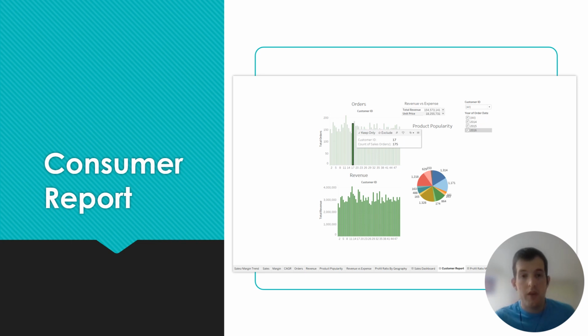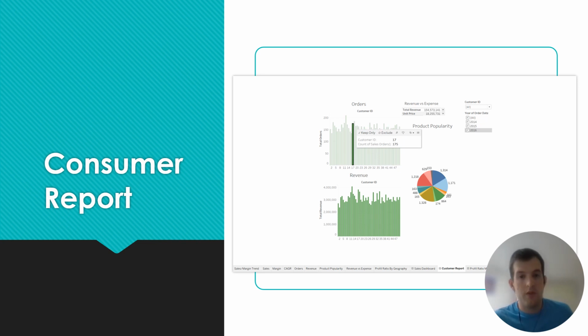Looking at our charts, we can see that customer ID 17 is one of Initech's largest customers. It's not the biggest one. I think that ends up being customer 12, just slightly to the left of customer ID 17. So it's one of Initech's biggest customers, and you can see there was proportional growth from 2015 to 2016. Each year, customer 17 ordered around the same number of products.